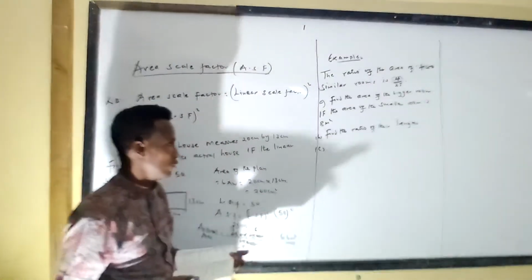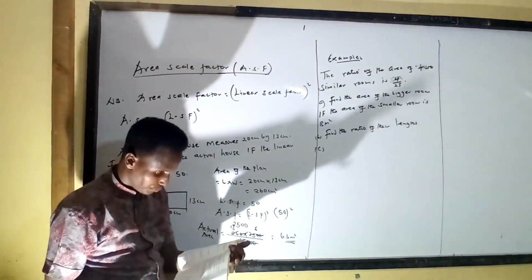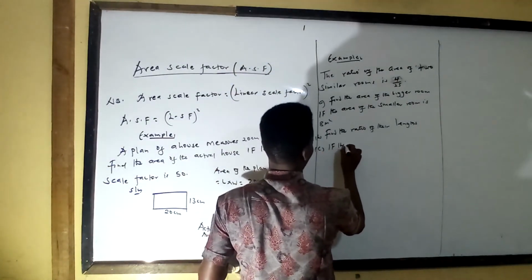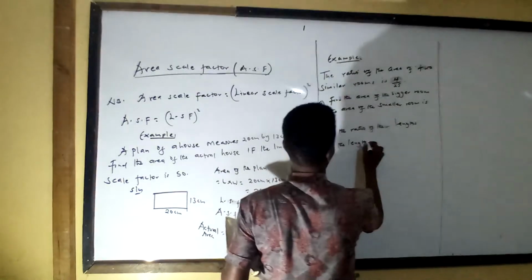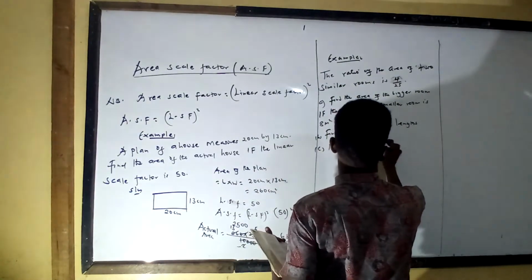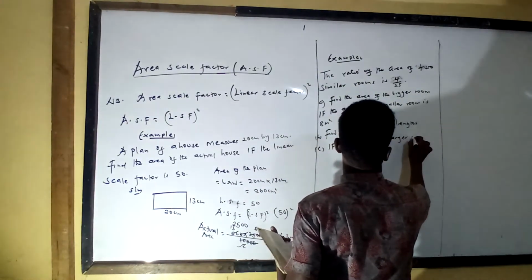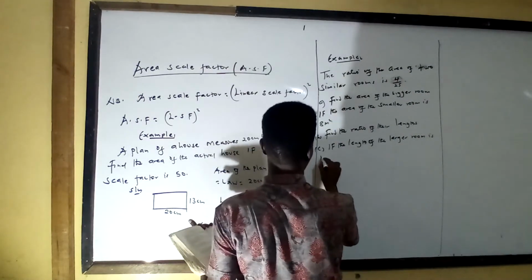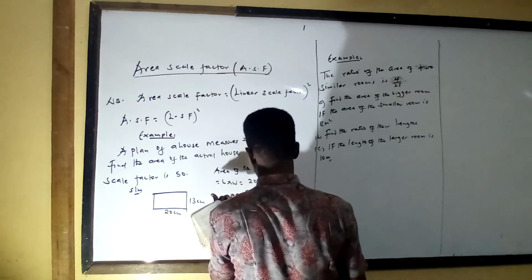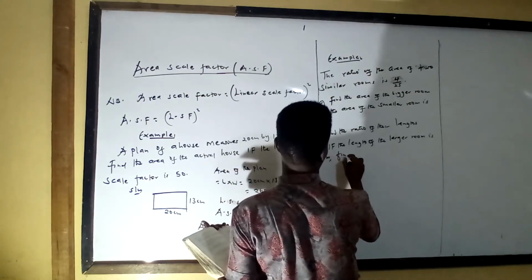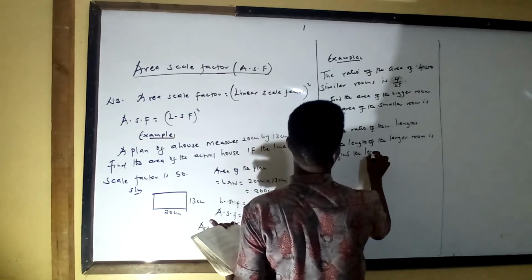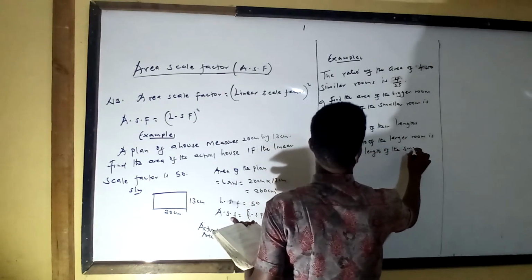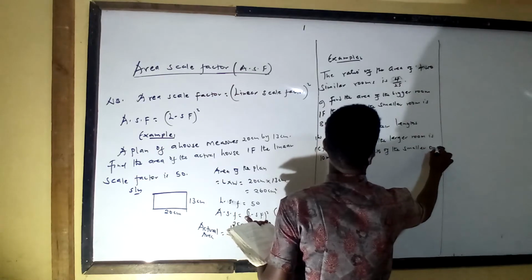Question C: if the length of the larger room is 10 meters, find the length of the smaller one.